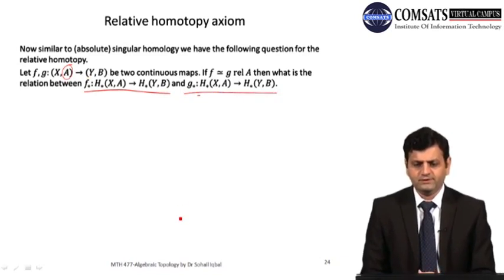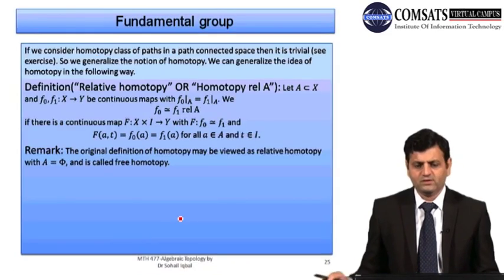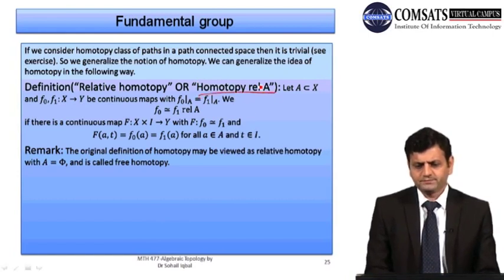Now remember and compare this discussion with the discussion that we did for absolute singular homology. There we proved that if two functions are homotopic, then their images under this functor Hn are equal functions. In this case it is also true, but before that let's have a look at the definition of relative homology, as a recall.